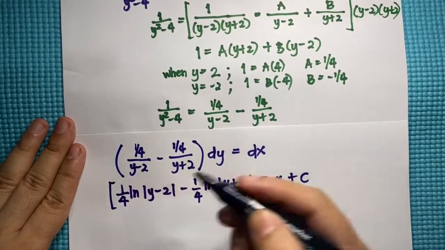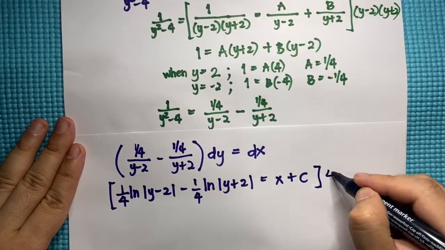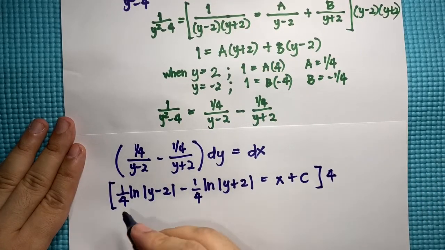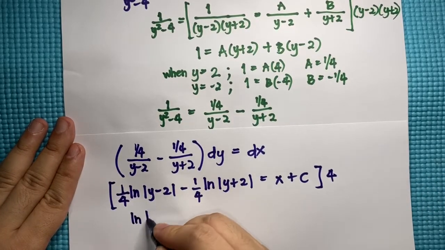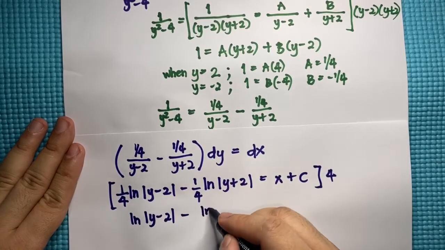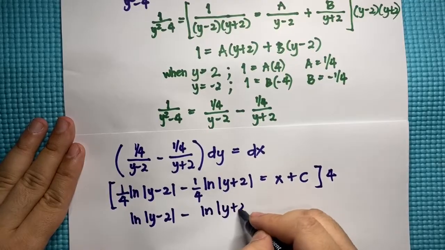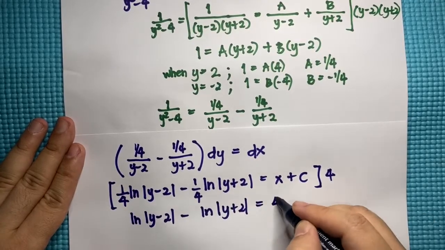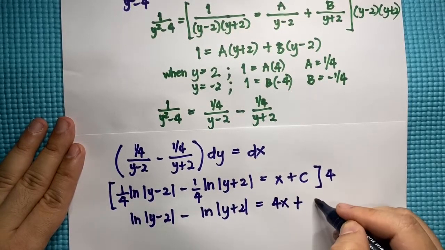Then multiplying everything by 4 to simplify our equation, giving us ln of y minus 2 minus ln of y plus 2 will be equal to 4x plus c.